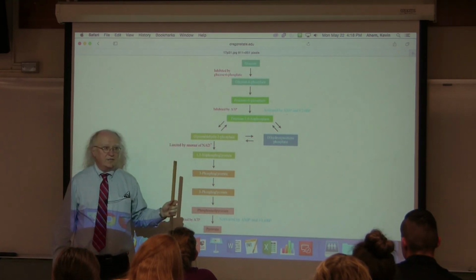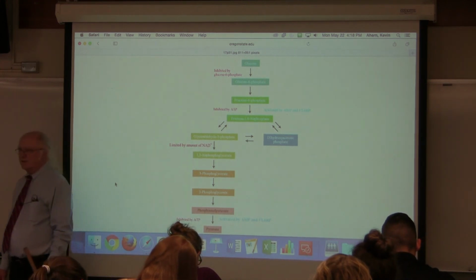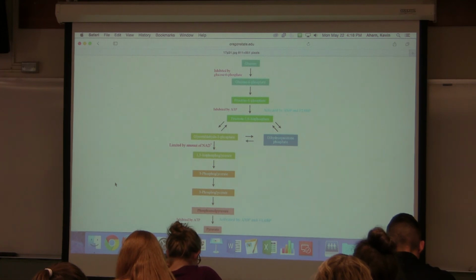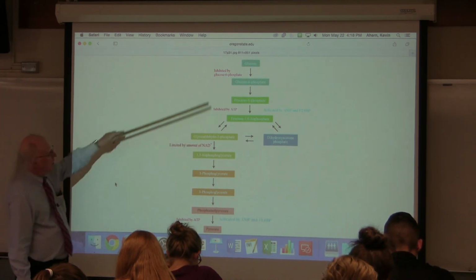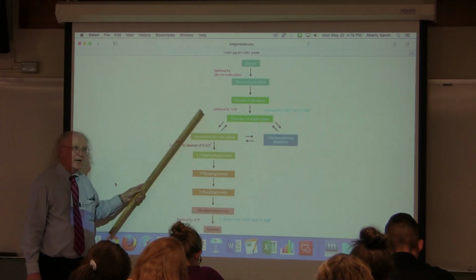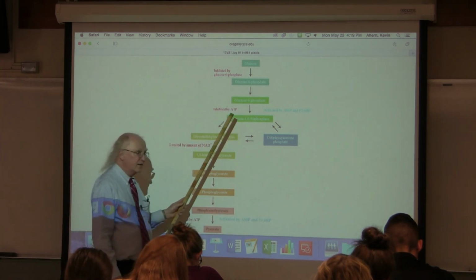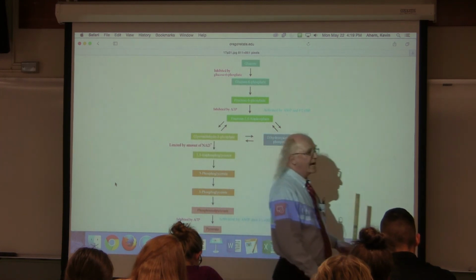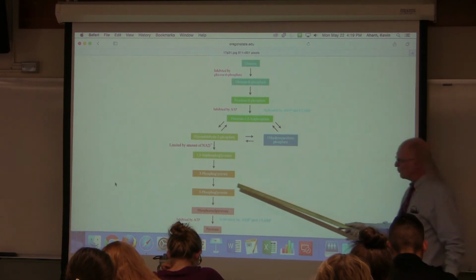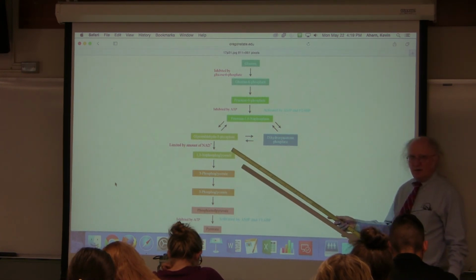The three allosterically regulated enzymes have different enzymes in gluconeogenesis. All of the other enzymes in gluconeogenesis are the same as the ones in glycolysis. They simply run the reaction backwards.